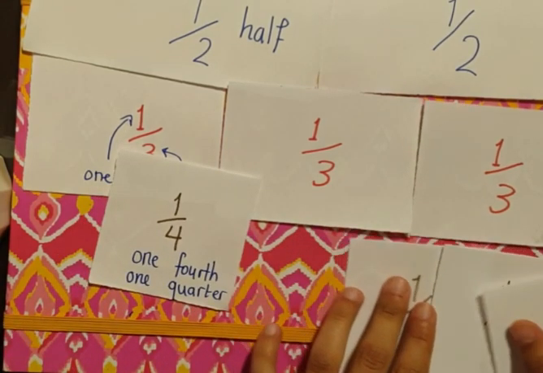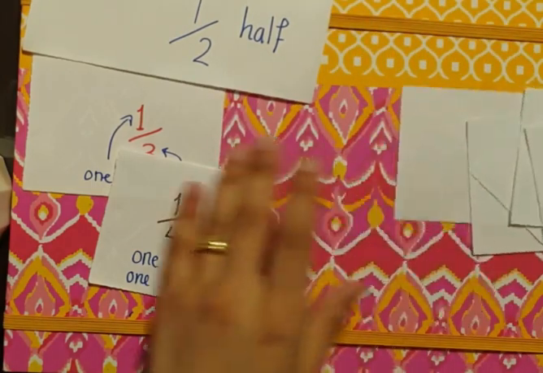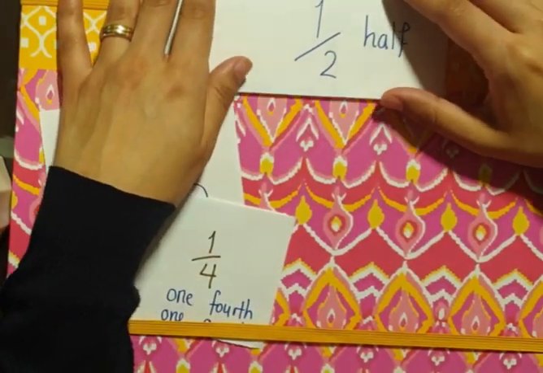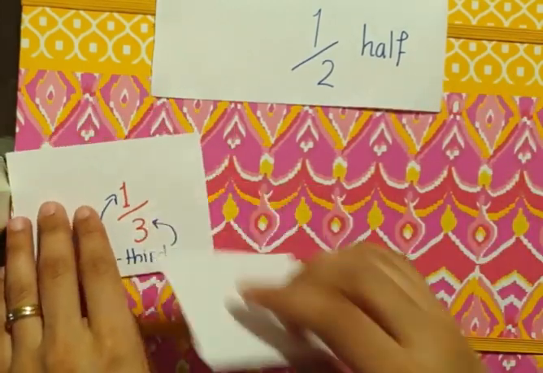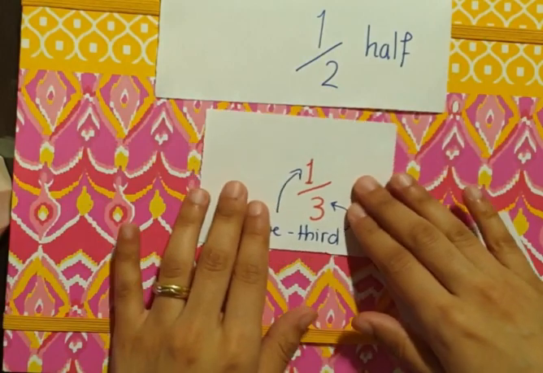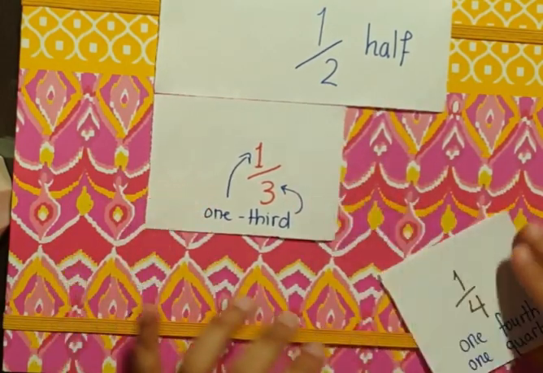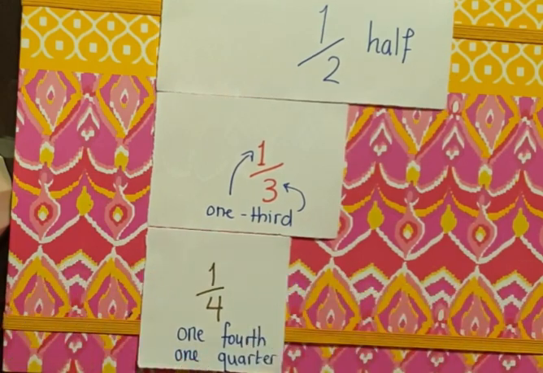Okay, now I'm going to take one of each, just one piece, to compare the sizes. Now, I started with strips of the same size, always remember that. And now, this one is 1/2 of a strip, this one is 1/3 of a strip, and this one is 1/4 of a strip.